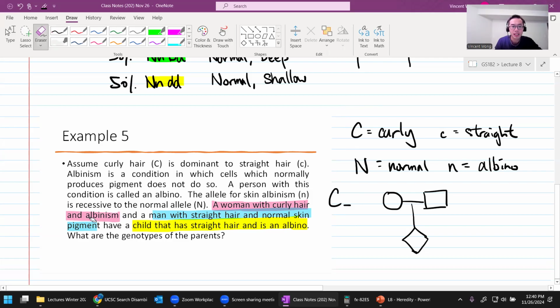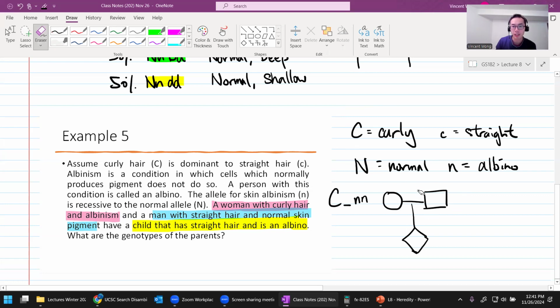She has albinism, which means it is going to be small n, small n. The only way to express a recessive phenotype is to have a pure genotype for that particular trait.